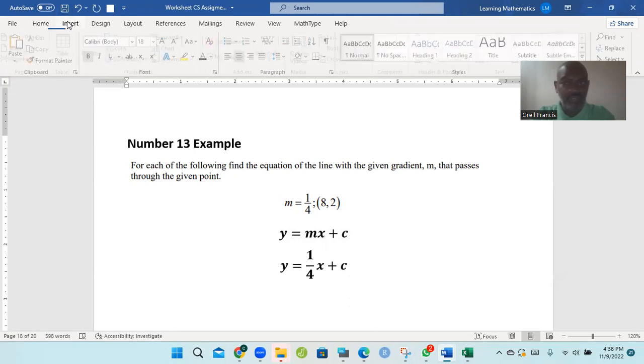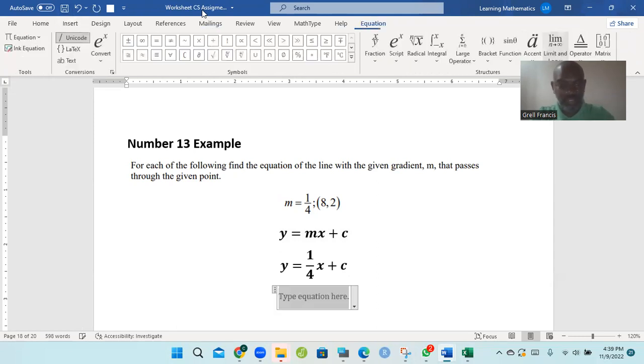We know that the coordinates of a point are such that x comes first, followed by y. So x must be 8, because 8 is the first number. And the second number is 2, so y is equal to 2.